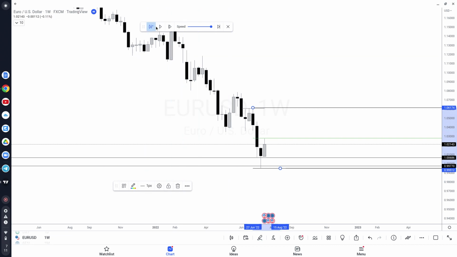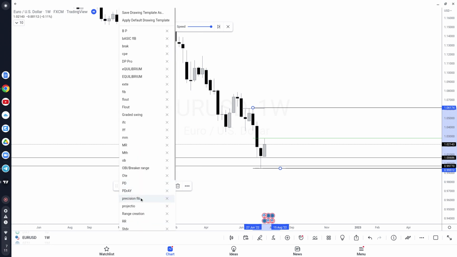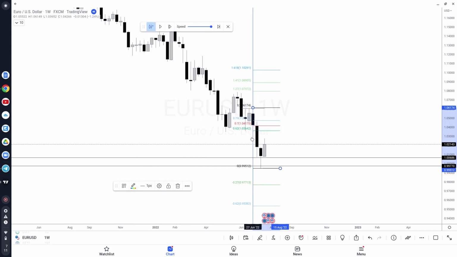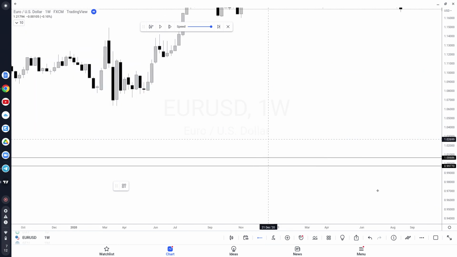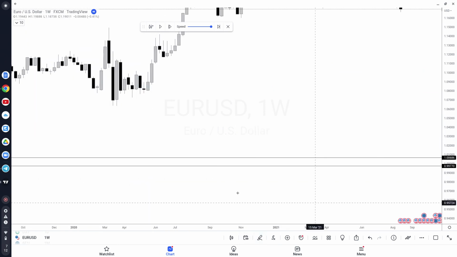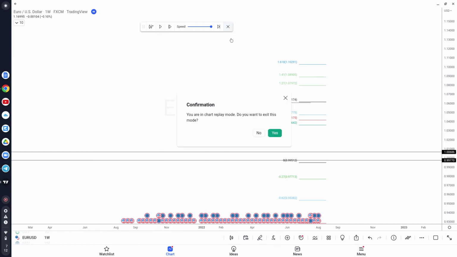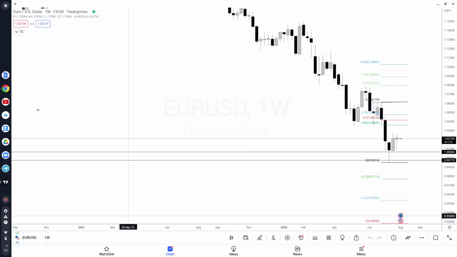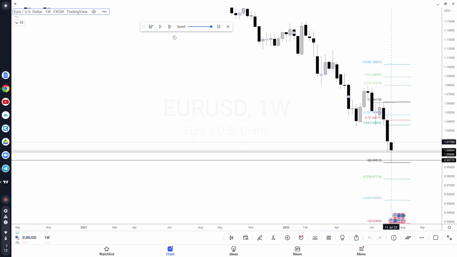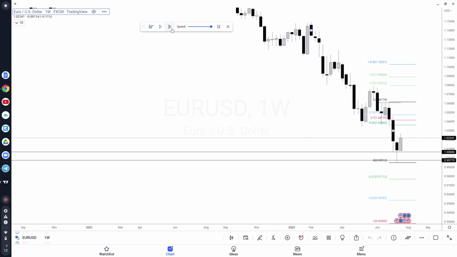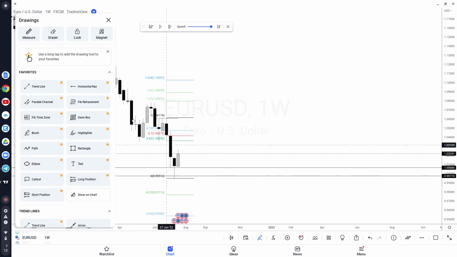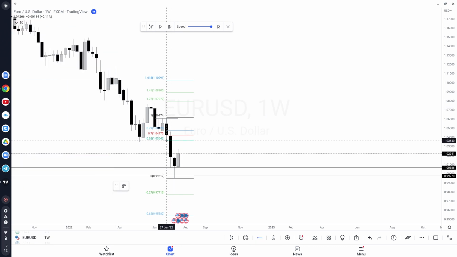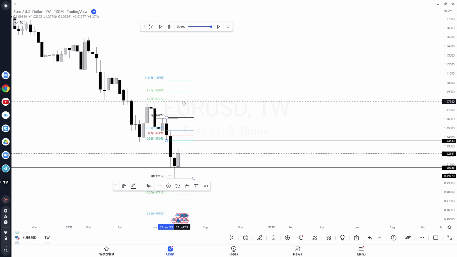what we'll find is that this level, or this level rather, the weekly fair value gap, or the premium of the weekly fair value gap, aligns perfectly with 62% of the range.